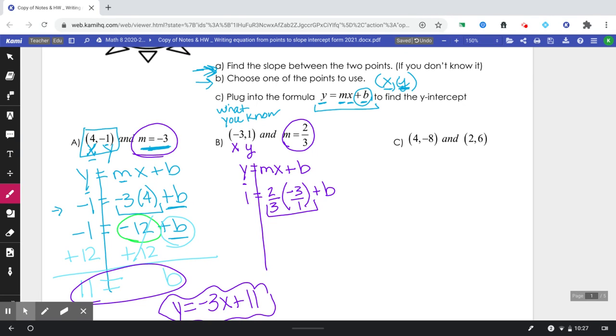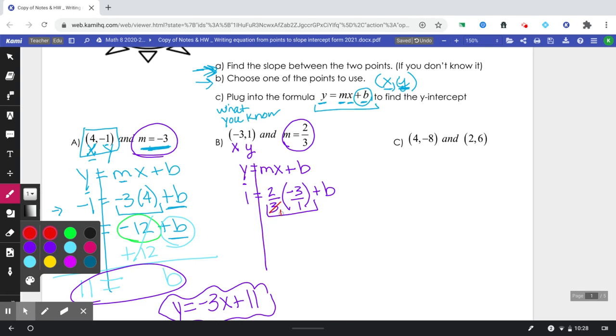I can reduce. 3 will go into 3 once. 3 will go into negative 3, negative 1 times. All right, so now I'm going to multiply across. 2 times negative 1 is negative 2, and 1 times 1 is 1.